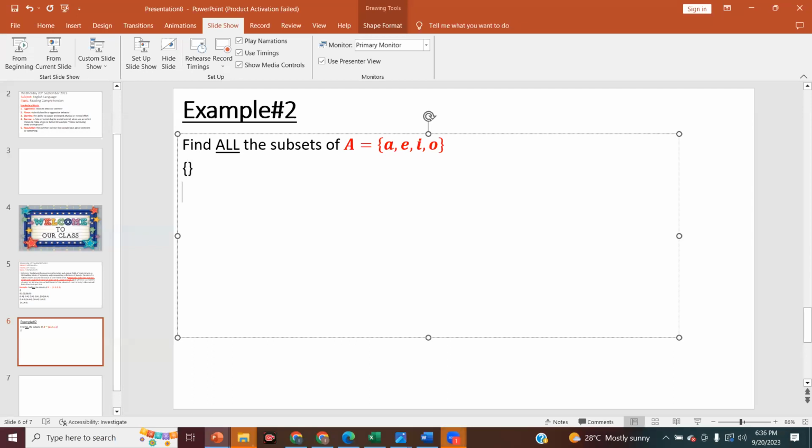Now I want y'all to give me the singleton sets. Tell me inside the chat, give me all of the singleton sets, all of the ones that have one element. Why do you have capital I? It's small i.